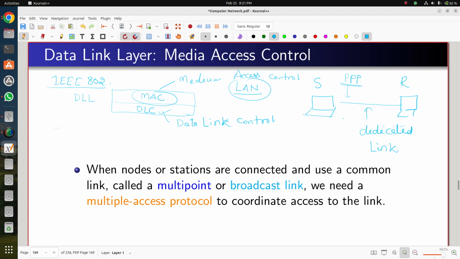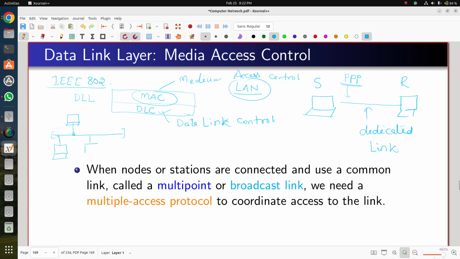But sometimes your link may not be a dedicated one; the link is shared. It is usually called a broadcast link. For example, suppose this is a backbone cable, and here are the terminators of the cable, and different computers are connected to this cable by adding a cut and applying a connector here.